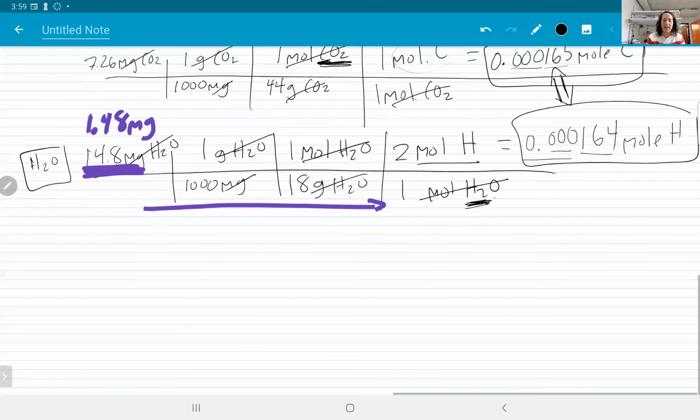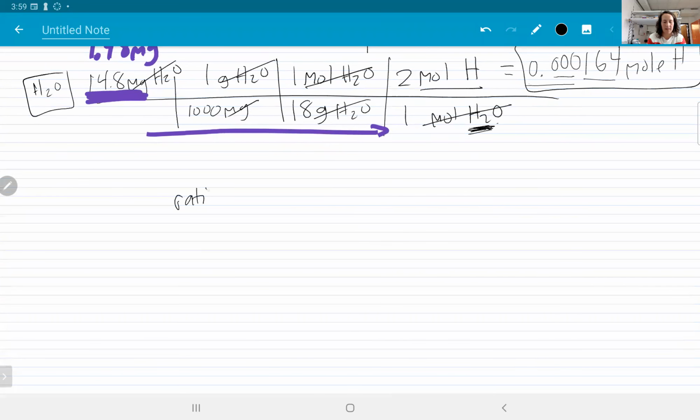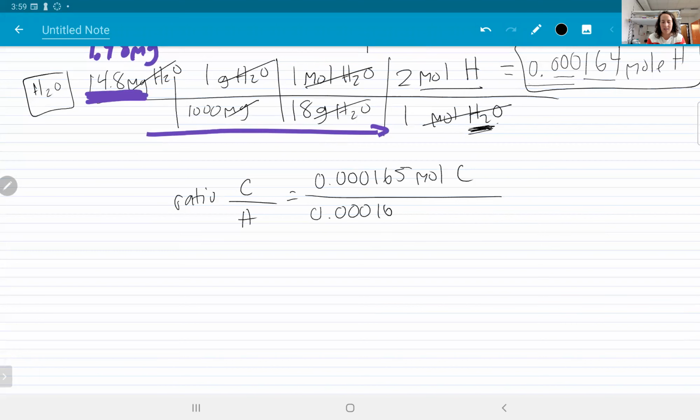So when we look at the ratio of carbon to hydrogen, we can take and divide the moles. So 0.000165 moles of carbon divided by 0.000164 moles of hydrogen. That's going to equal 1. It's a 1-to-1 ratio, right?